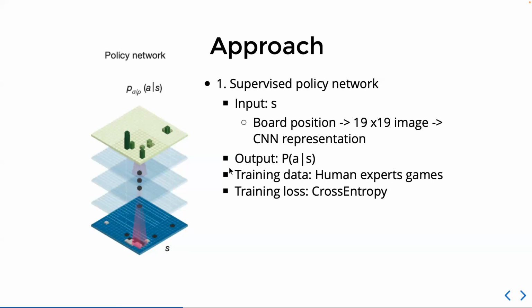And how are they going to do that? Because on the board there are different positions, so the number of positions is limited. They can encode everything, right? There are over 360 positions, and each position can be filled with a stone.